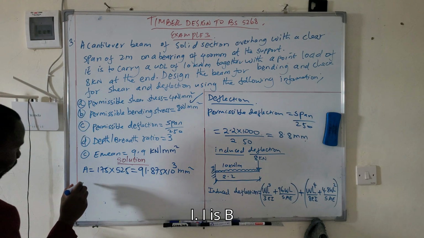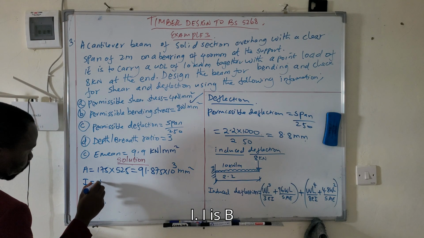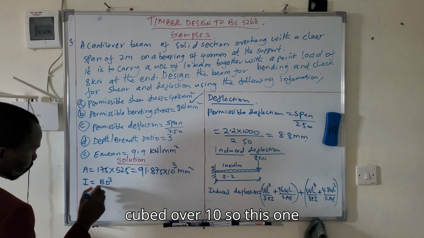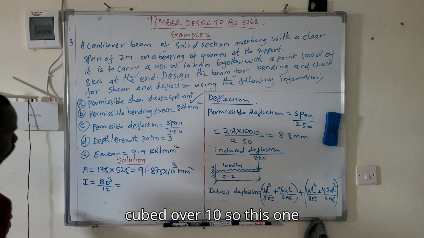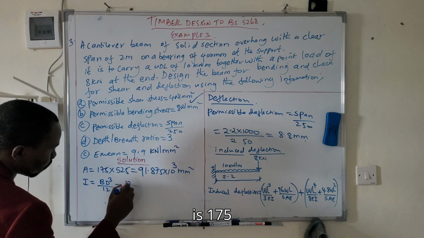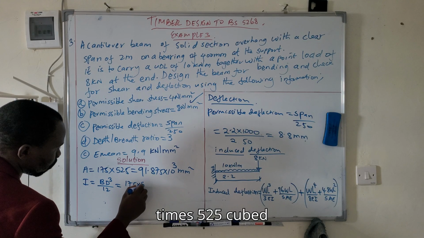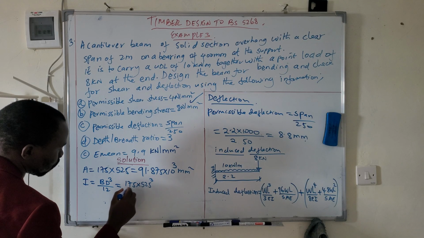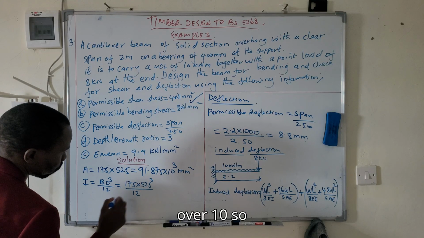And then we go for I. I is BD cubed over 12. So this one is 175 times 525 cubed over 12.